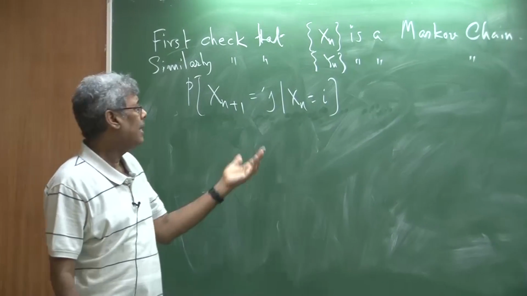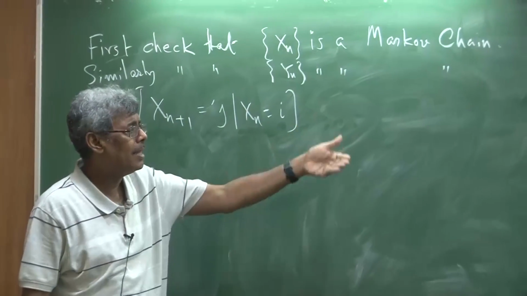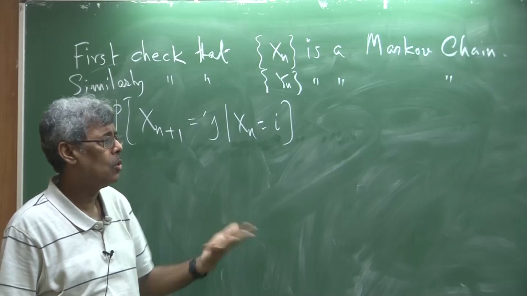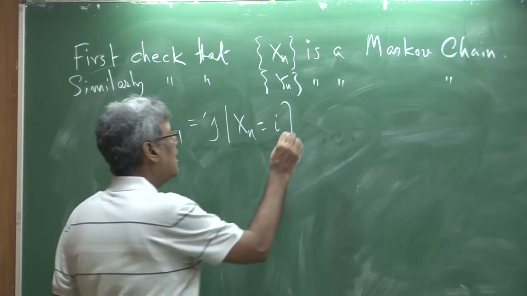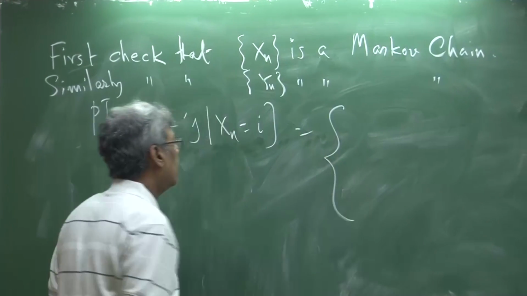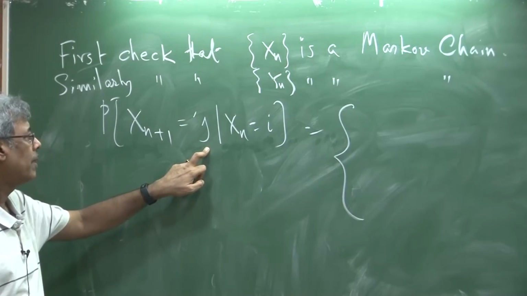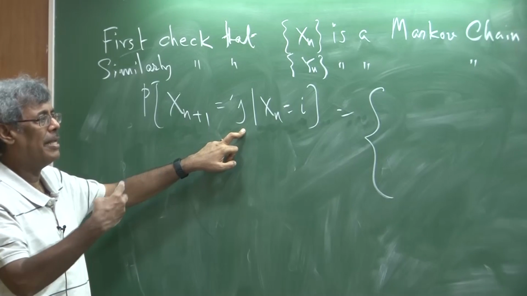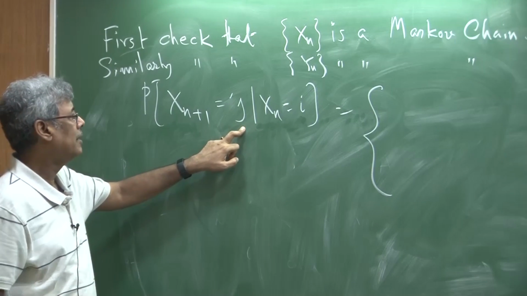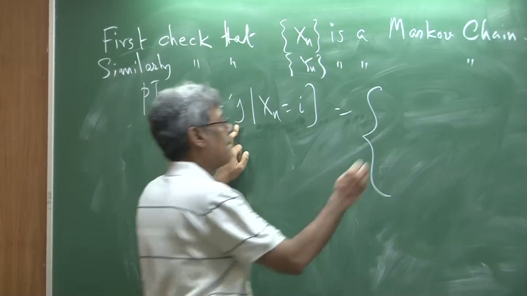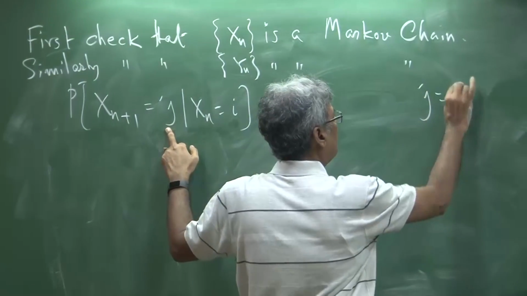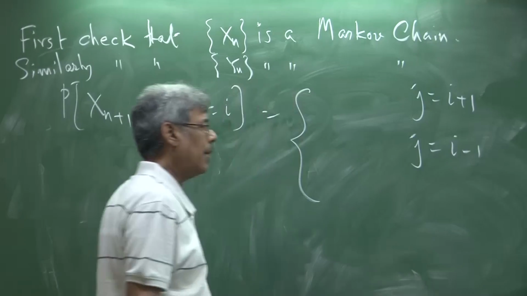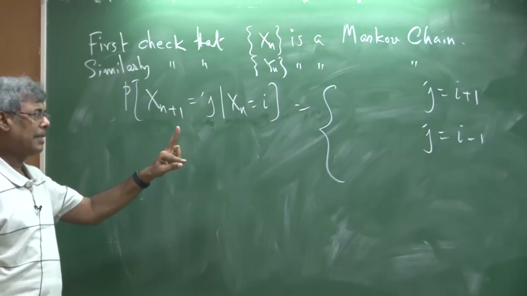He can either win one unit of money or lose one unit of money. So j is equal to either i+1 or j is equal to i-1. These are the two possibilities.